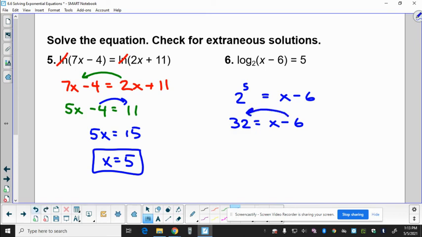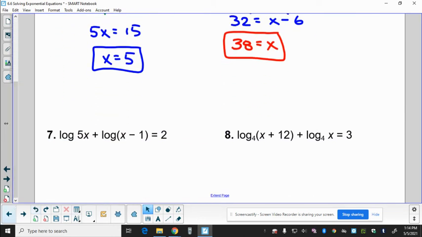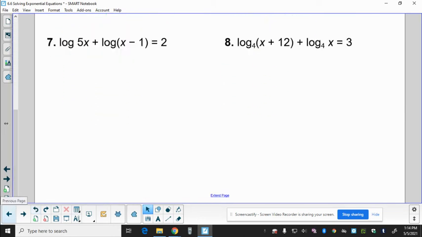Move the 6 to the other side by adding. Check your answer. And that's fine. That's good. Okay. But everybody try those 2 questions.